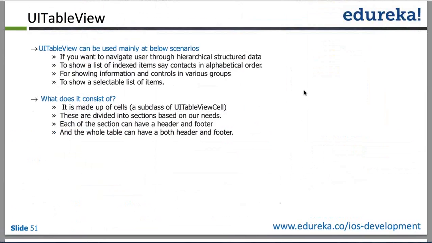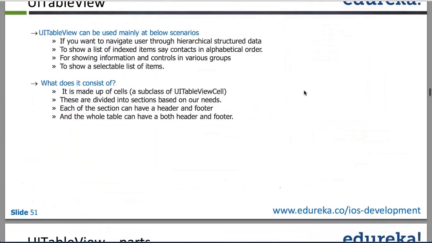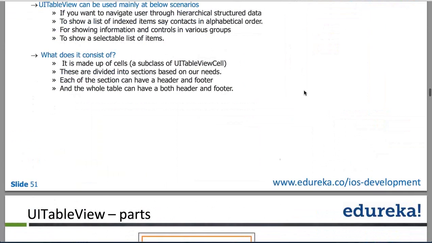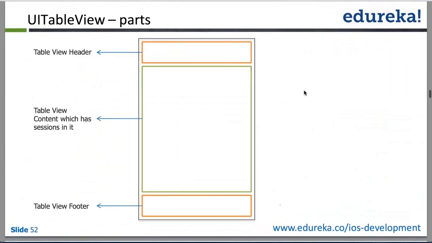So what does a table view consist of, and what are the parts of a table view? Each table view is divided into sections, and you can design what sections you want and how many rows you want for a section. A single table view will always have a header, the content, and a footer. If you want to set something like a copyright notice for that application or view, you can set it in the table view footer, because that will be visible only once.